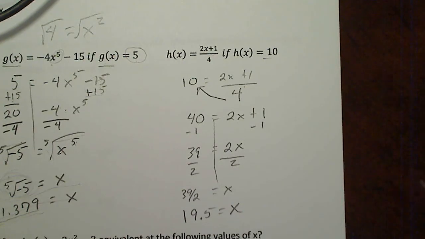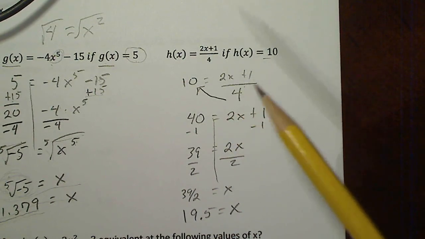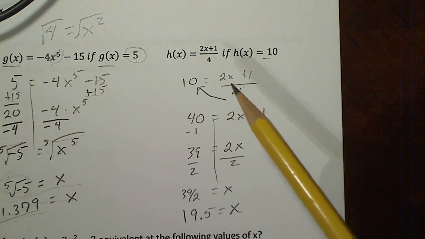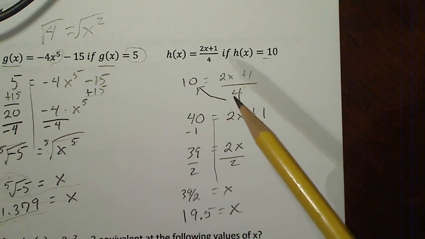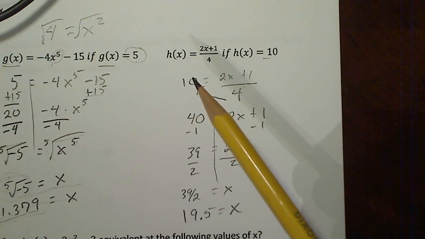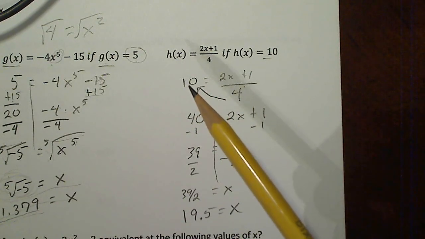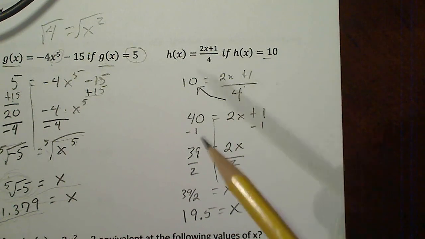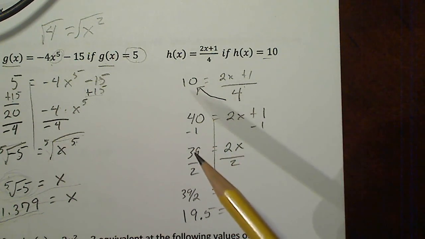All right. So again, now this one's a little different because it has this fraction piece of this 4. The fastest way to get rid of these denominators is just to essentially cross multiply back to the original number. So I just multiply 4 times 10 to get 40 first before I start balancing out my equation. Subtract 1 from both sides, get 39.